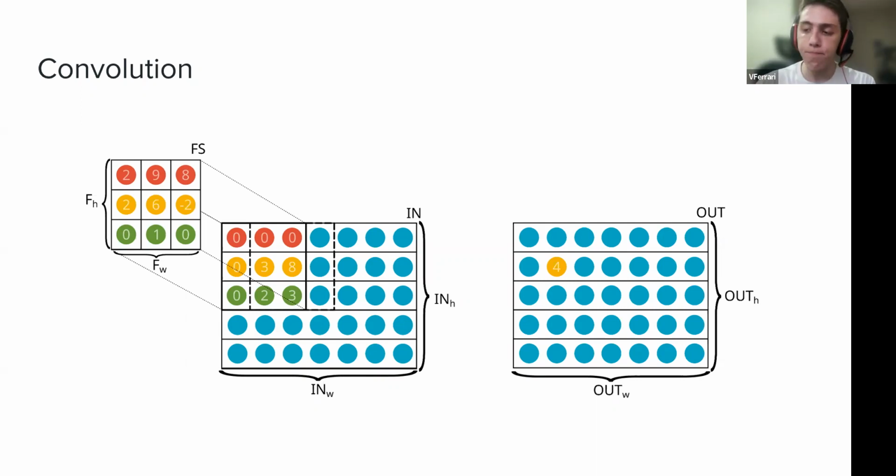So it is important that we optimize it as best as possible, because it is also a very expensive operation. It is usually the most expensive operation in a convolutional neural network.